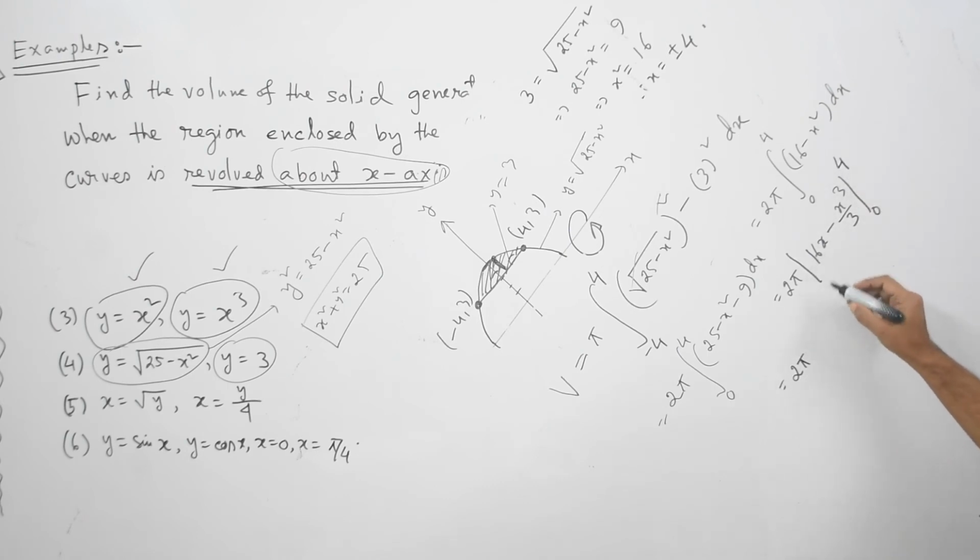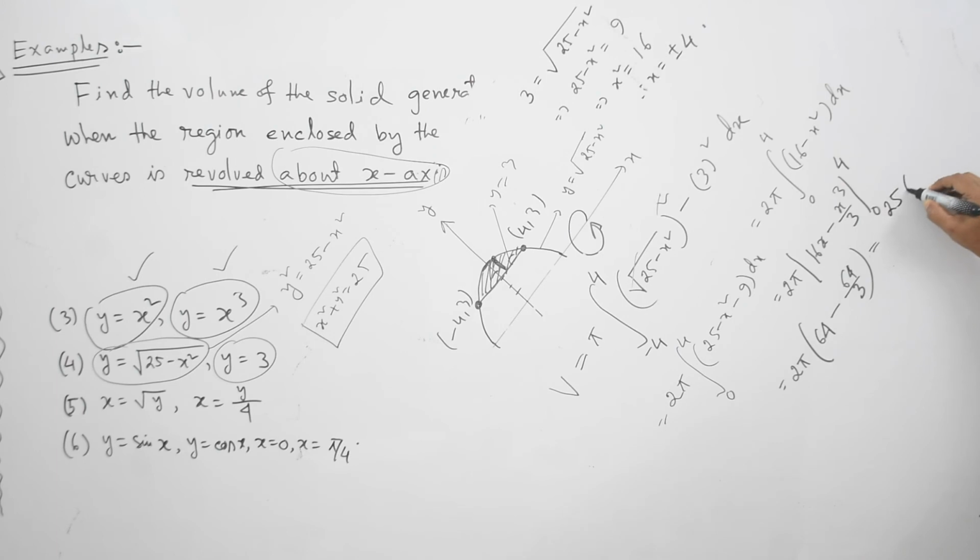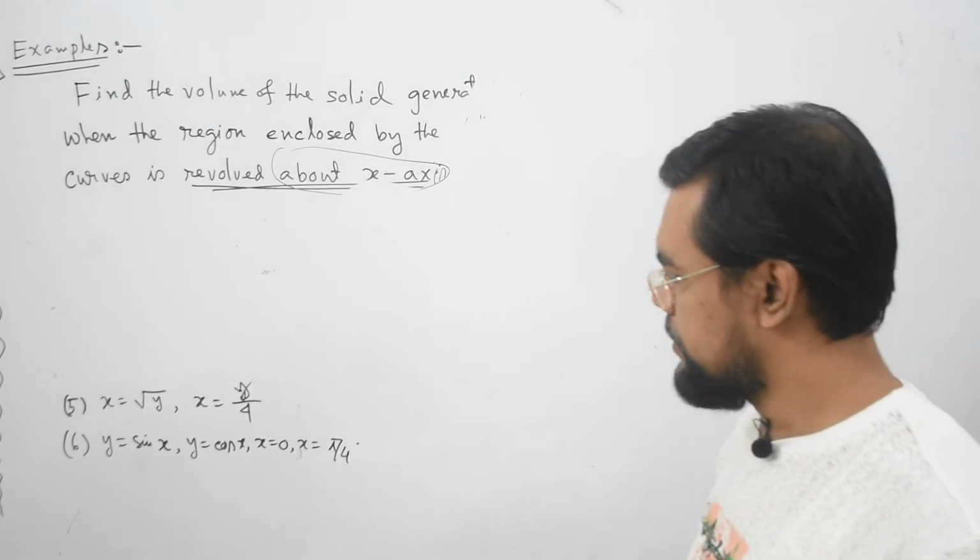If you put the upper limit, you will get 64 minus 64 by 3. So the answer will be 256 pi by 3.